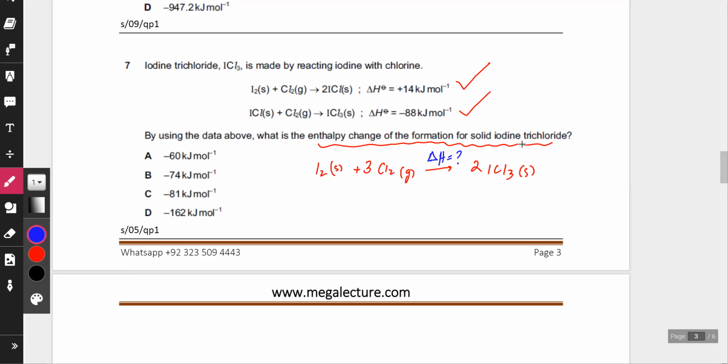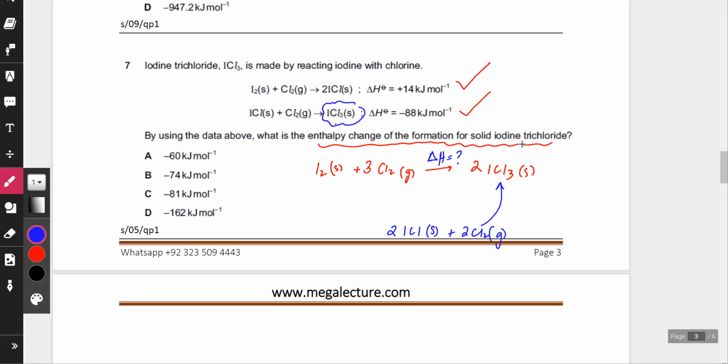One thing is, if you look over here, ICl3 solid is getting formed. So ICl3 solid is getting formed. What I can do is I can double that. ICl3 solid is getting formed from ICl solid. I'm going to double it and 2Cl2 gas, right?